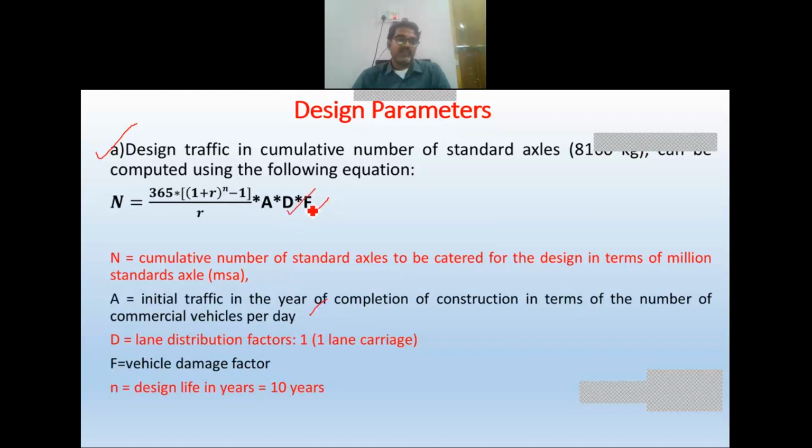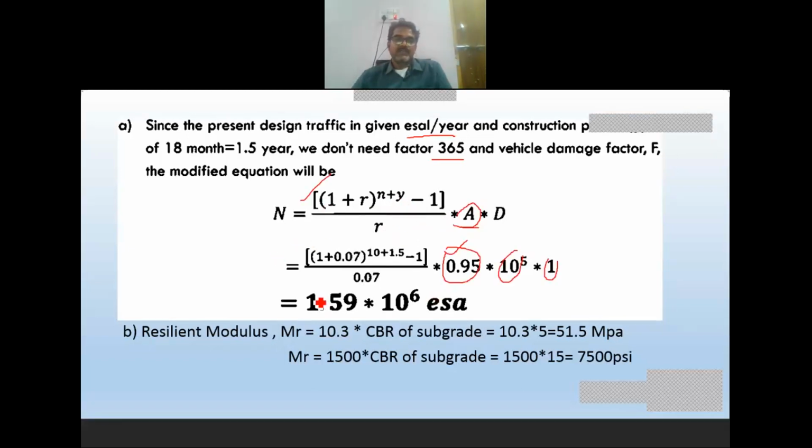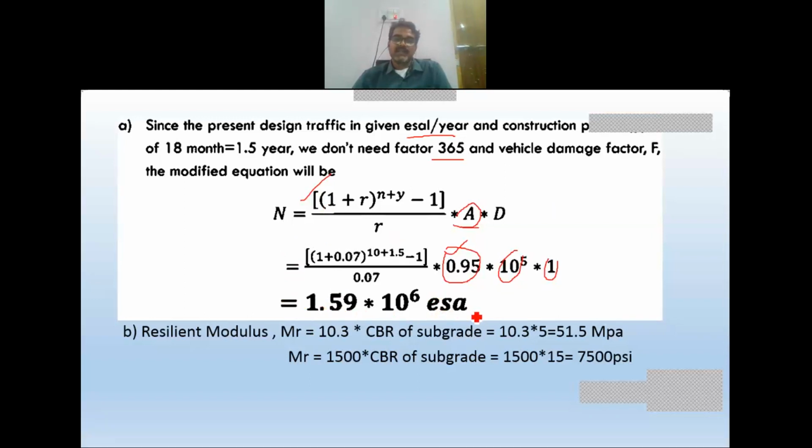These values will be given to you. Now the present day traffic intensity is given in terms of ESAL per year, so there is no need to multiply the expression by 365. So 365 is removed. r is 7%, n is 10 years. What is x? The construction period of 1.5 years. From this expression, we get 1.59 into 10 power 6 equivalent single axle loads.